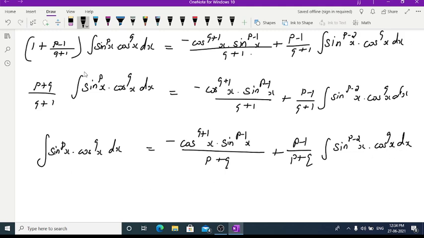So this is our reduction formula: integral sine raised to p x into cos raised to q x dx in terms of integral sine raised to p minus 2 x into cos raised to q x dx.